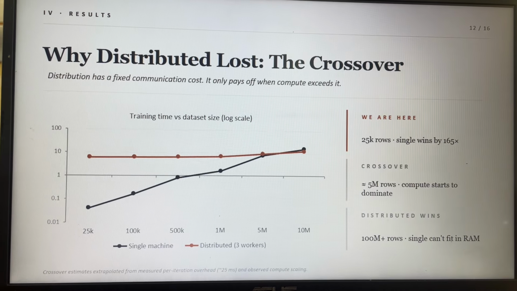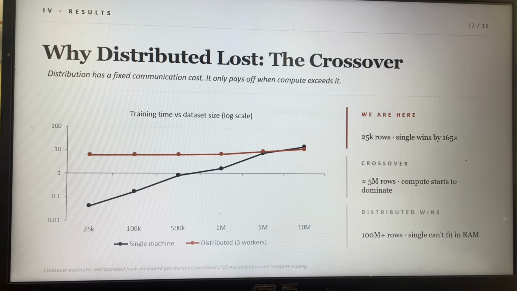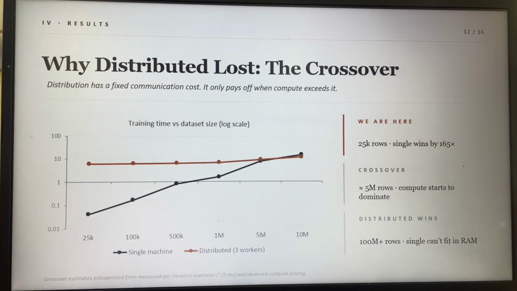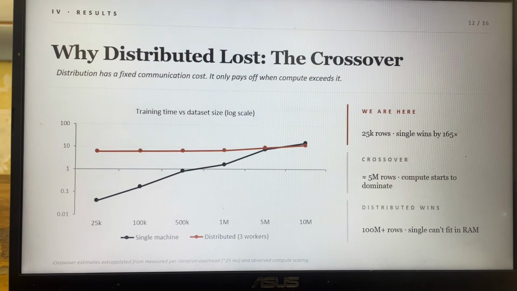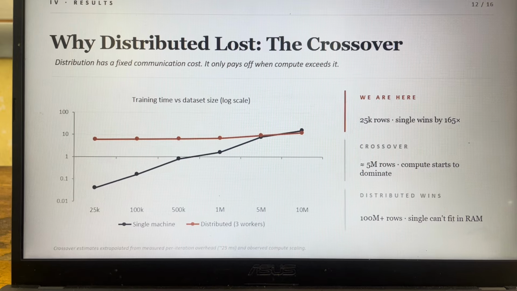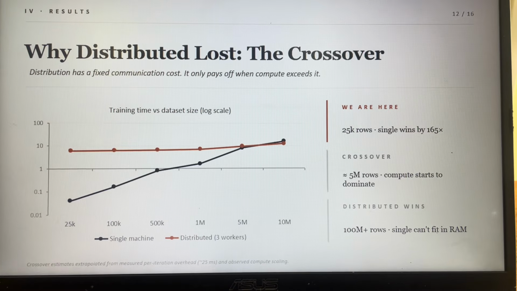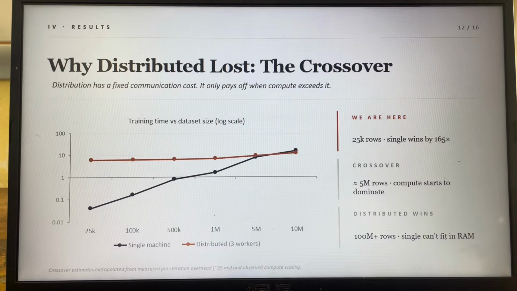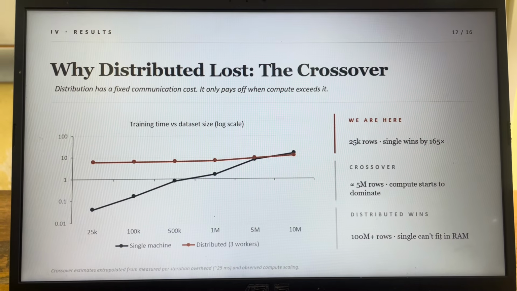Now we're going to answer the question of why distributed lost, because it goes against our hypothesis. We were expecting the distributed system to be faster than the single machine. We see that the crossover happens at 5 million iterations.